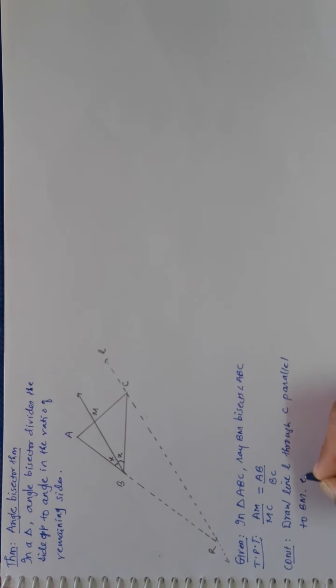Then what I did: extend AB up to R on L. Now let me analyze the figure. You will have to draw the figure beside you to understand it better, because I will be taking the page upside now.